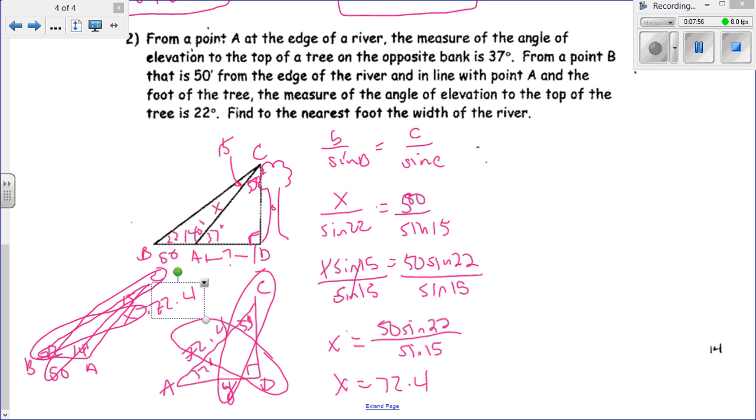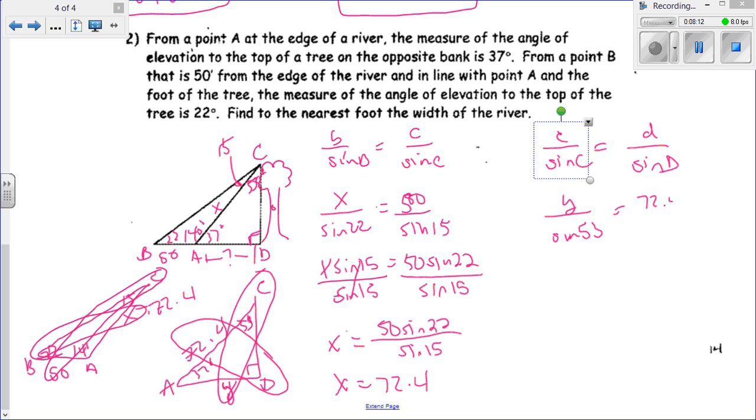So it's going to be C over sine C equals D over sine D. So Y over the sine of 53 equals 72.4 over the sine of 90.